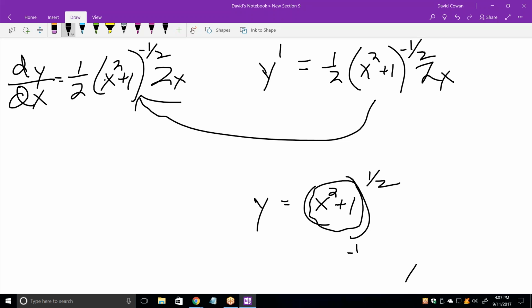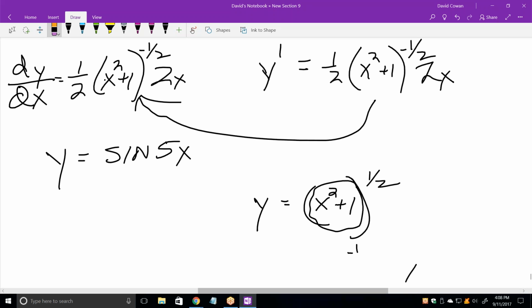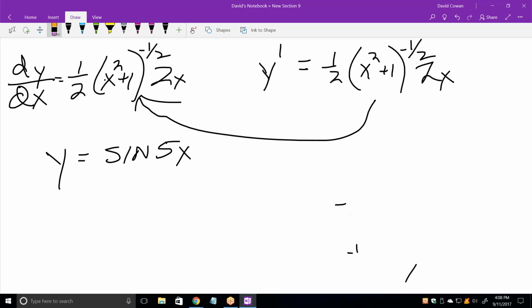Now, most of the time, it's going to be pretty obvious what the inside is. Not always. I'm going to give you a couple that might be a little tough. Knowing you have to use the chain rule, the first question you have to ask yourself is, what's the inside? 5x?